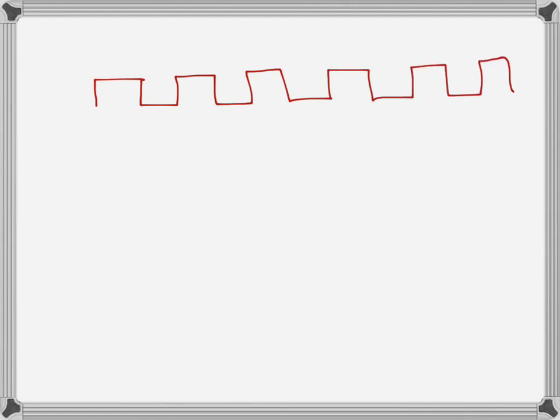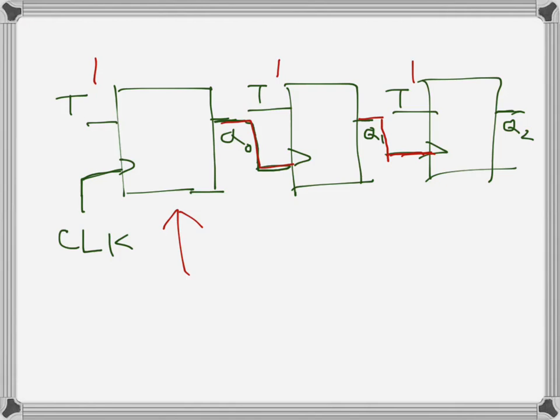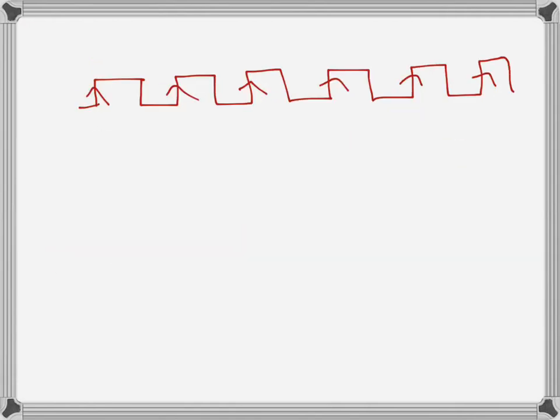And since it's rising edge, these are the edges where the flip-flop will experience the clock. So this is the clock for the first flip-flop, the system clock basically. Let's call it CLK.